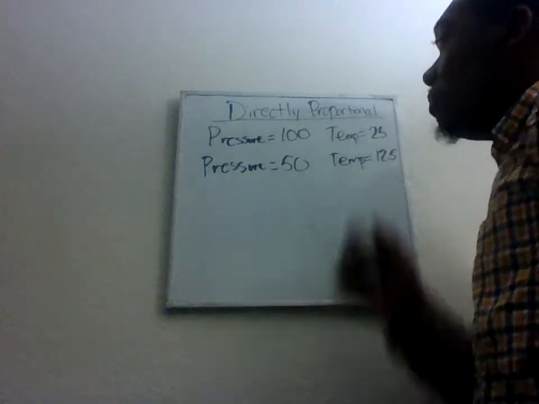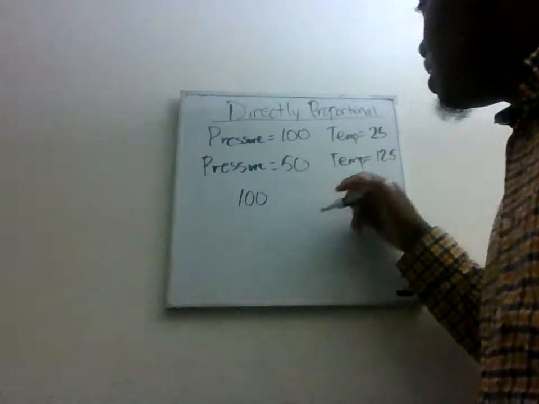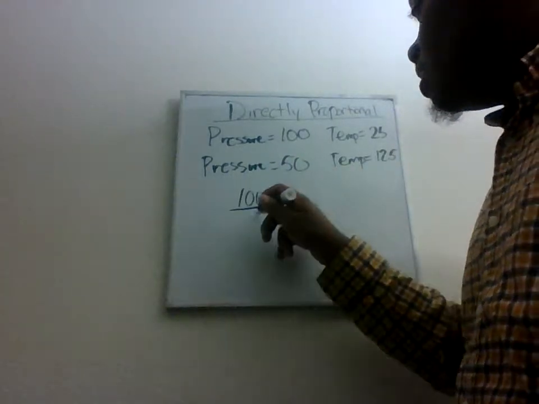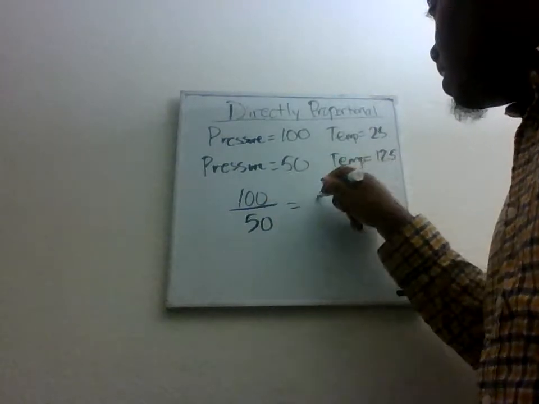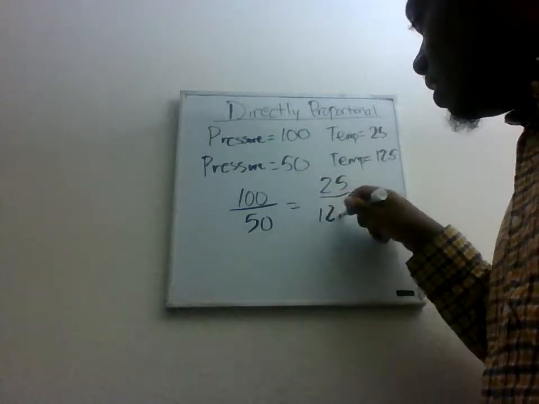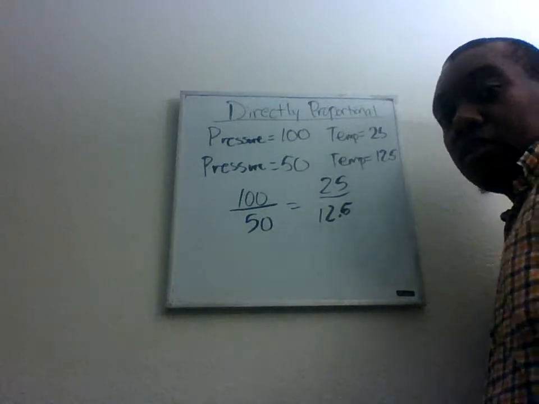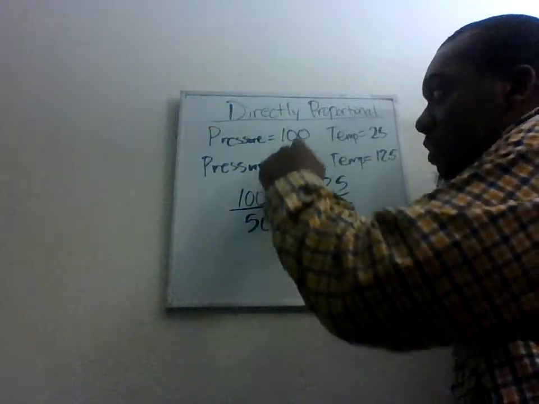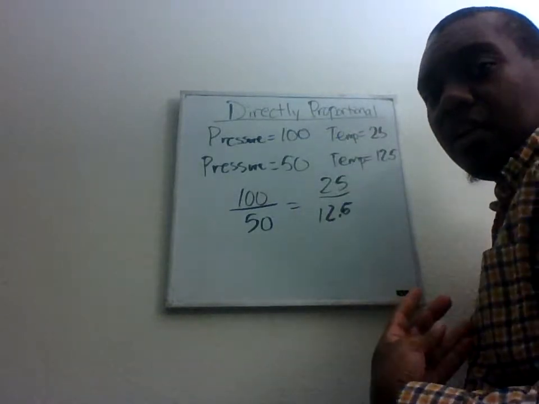Well, when pressure was 100, temperature was 25, and when temperature was 12.5, pressure was 50. I can write this as a proportion between the two, or look at it as a ratio between them. 100 to 50 gave us 25 to 12.5, or the other way around.